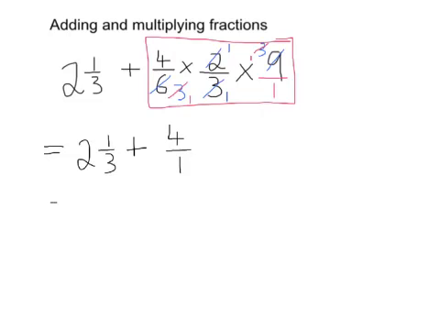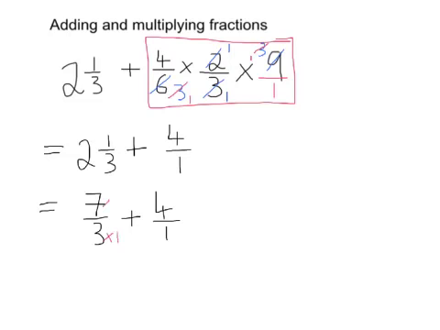And then, same as before, I like to convert the mixed numbers into improper fractions, so I've got to take the 3 times 2 plus 1, which is 7 over 3, and we've got 4 over 1, and the LCD in this case is going to be 3, so that means that I just have to multiply.